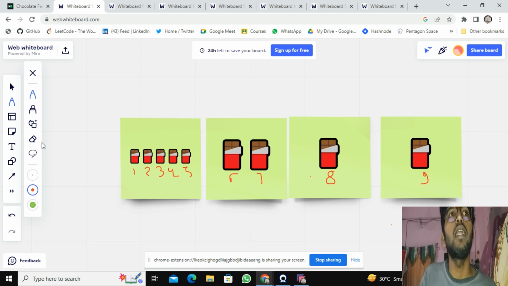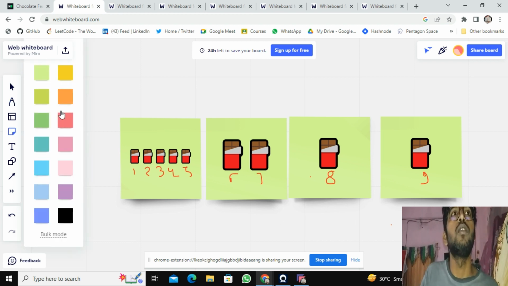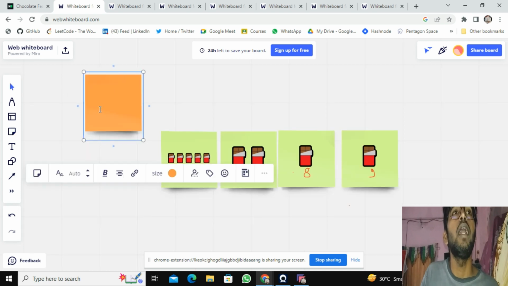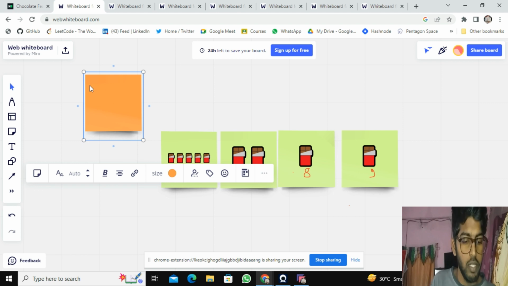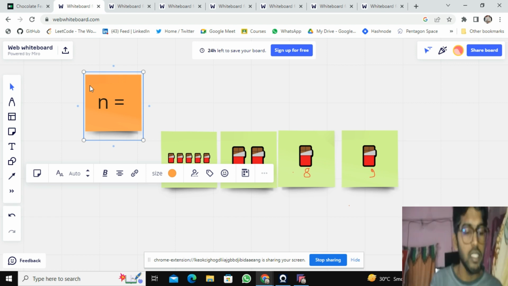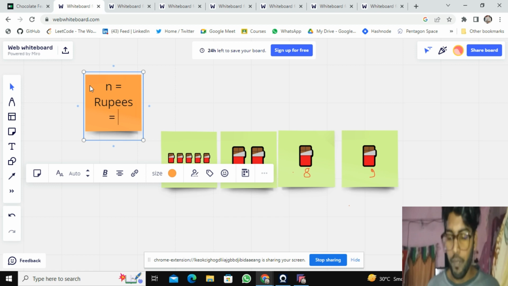And from what data did I get this? Let me tell you. n equals 15, which we can understand by considering it as rupees. How many rupees do I have? 15.